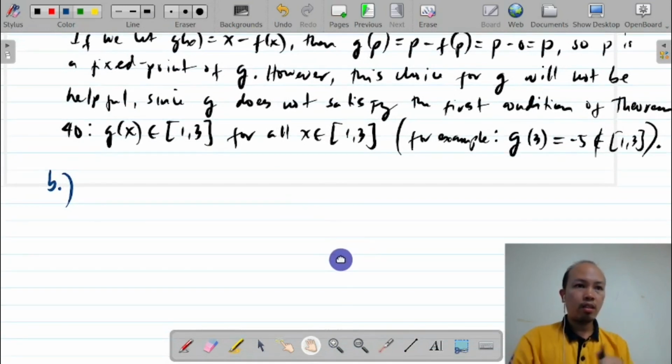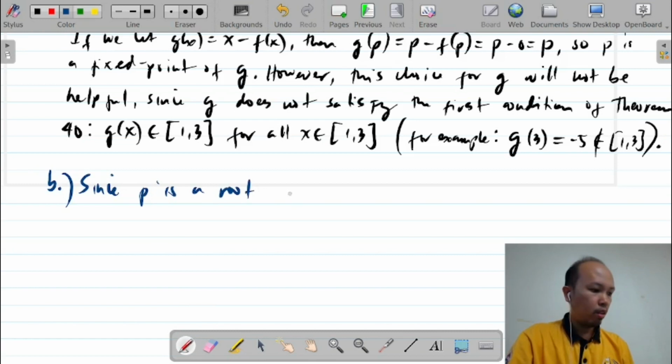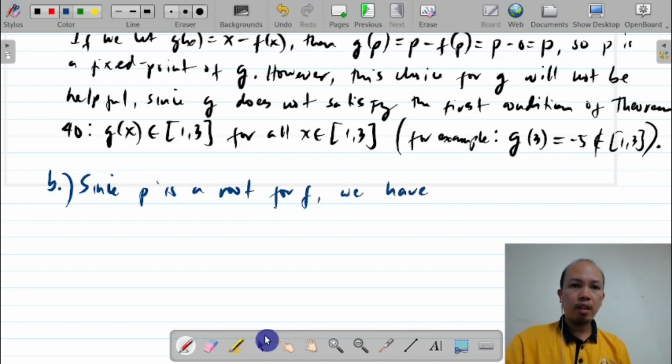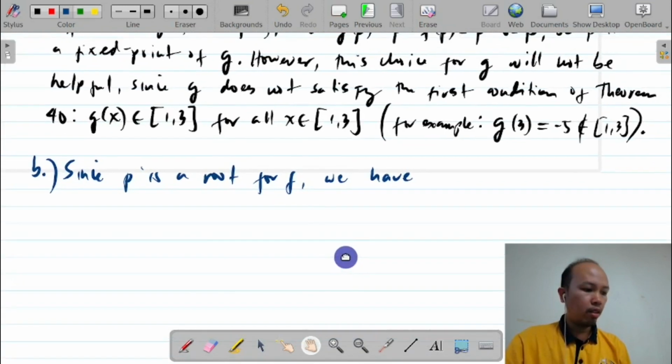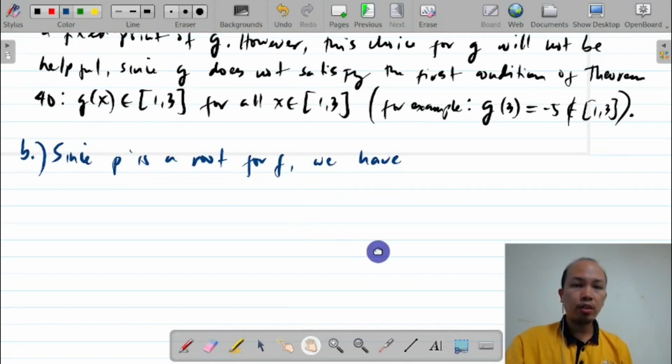Let's try another method like this one. Since p is a root for f, we can write our function.